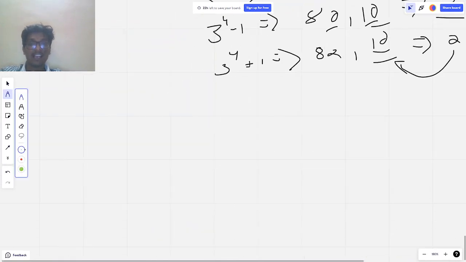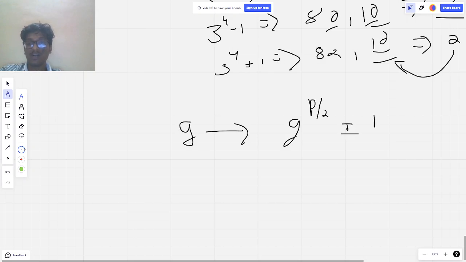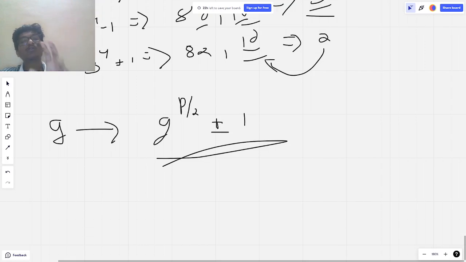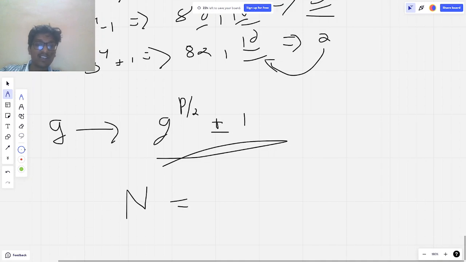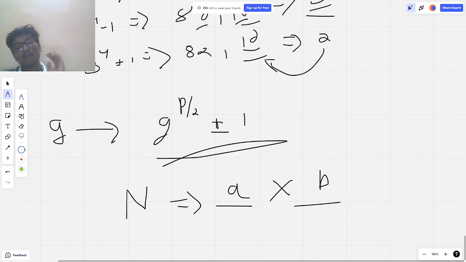So finally, using Shor's algorithm, we have turned this random guess that we took at first, which was definitely wrong, into g power p by 2 plus or minus 1, such that those two will be numbers which have a shared factor with n. With this shared factor, we are very easily able to find, for this large number n, a and b, that is, its constituent prime factors.